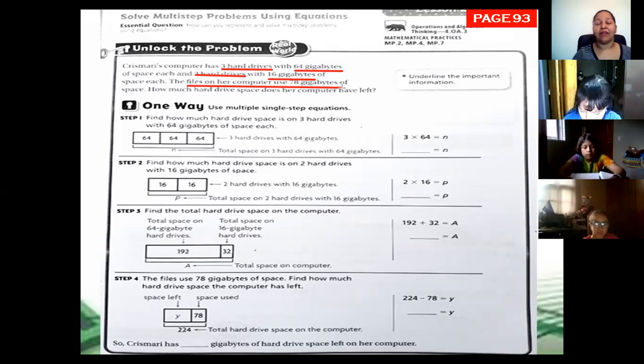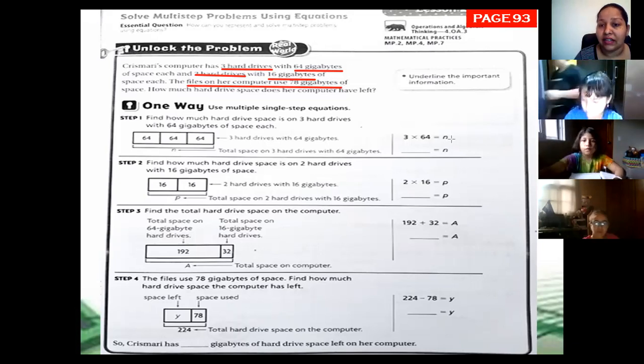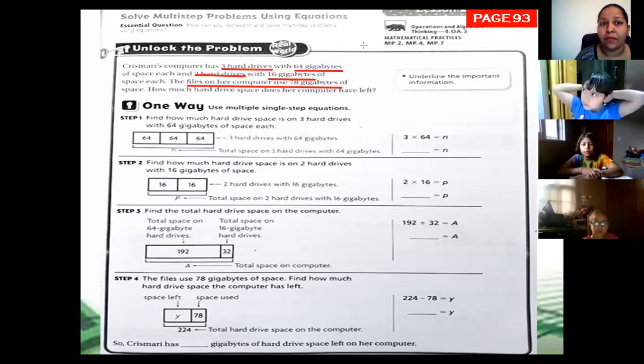It means that I have 3 hard drives, and each hard drive has 64 gigabytes. So we need to multiply 3 times 64 to find the total space of the 3 hard drives. That is the value of n, okay?